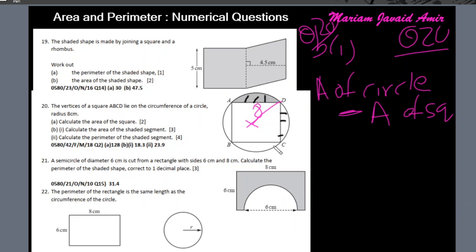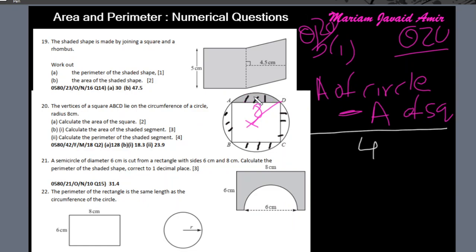This shape is called a segment. So this will give me the area of 4 of these segments. So when I divide this answer by 4, I will get the area of one segment, which is the required region.